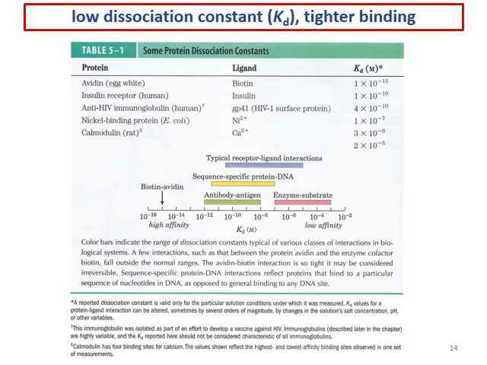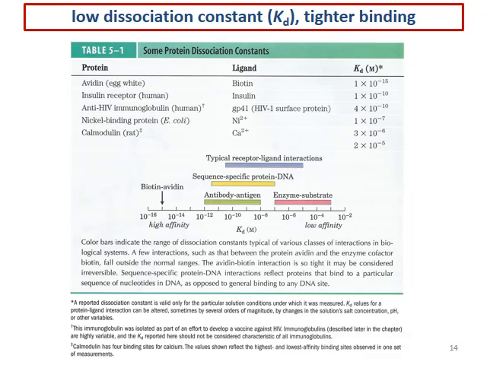The avidin-biotin interaction is so tight that it's generally considered irreversible. Sequence-specific protein DNA interactions reflect proteins that bind to a particular sequence of nucleotides in DNA, as opposed to being just a non-specific binding to any DNA site. You can have sequence-specific protein DNA interactions, and that becomes important particularly in gene transcription.